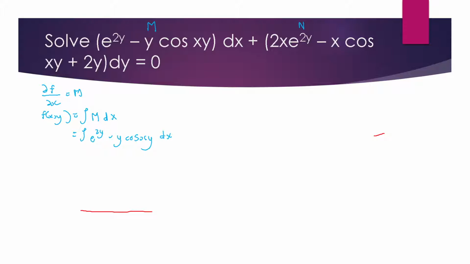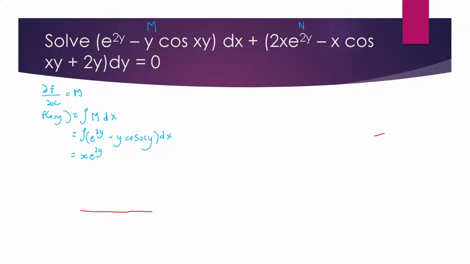When you integrate with respect to x, y is constant. So you integrate term by term. When you integrate e^(2y), y is constant, so you have the constant multiplied by x. That's why this is x e^(2y).